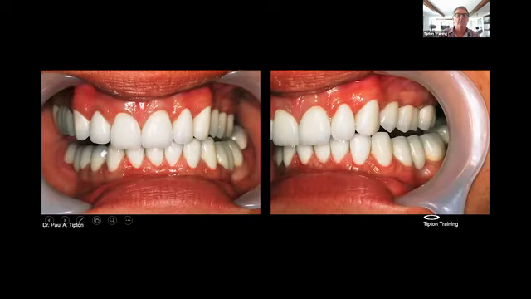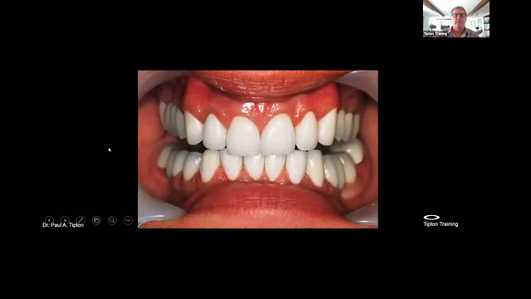And again, into our left lateral, we have disclusion of both sides, a couple of millimeters at the back. And in protrusion, once we've got the teeth into contact, then the teeth will continue to slide forwards and disclude the rest of the teeth.